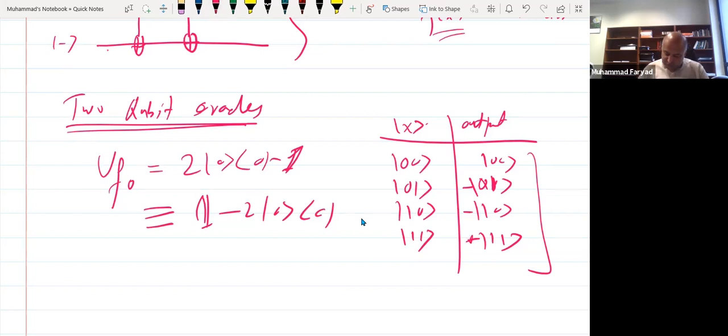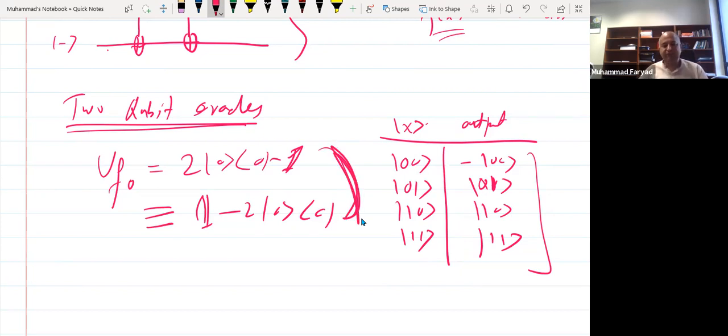So if we can implement an oracle like this, this will also do the same job, because both of these are computationally equivalent. But this one is easier because I now have to worry about putting a minus sign only in front of one of the inputs.